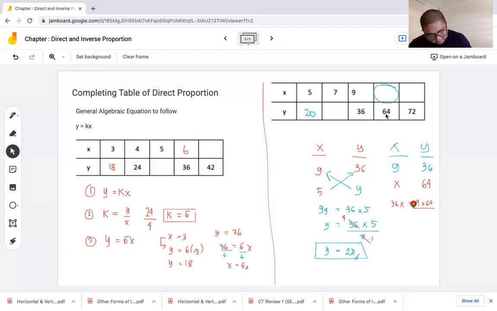And then the value of x now will be equivalent to 9 times 64 divided by 36. Now notice that these values can be canceled. So let's say I can cancel 9 and 36. This gives me 1 and this gives me 4.